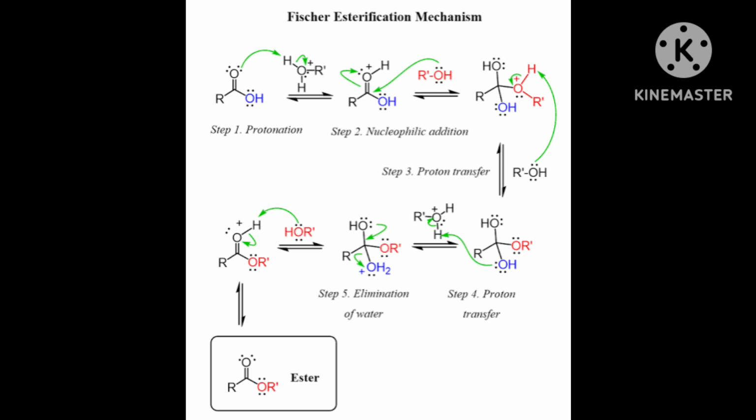This is actually called ester, ROCOR dash. CO means double bond, and with this carbon R dash was there from the carboxylic acid side. Now the ester is formed. The same way applies with these other things.